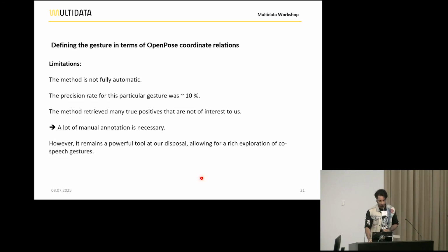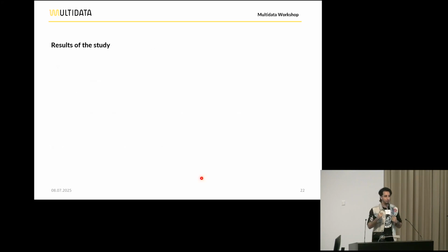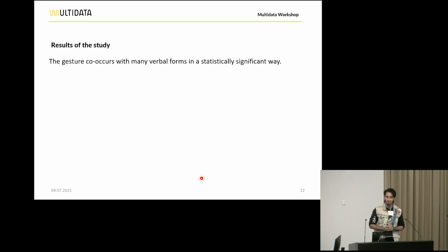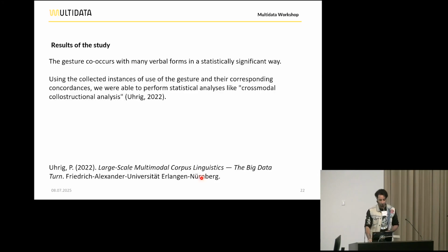And that's what I would like to show you here. Because remember, earlier I said that I thought that this was the "this close to" gesture. Is it really the case? Well, apparently not really. The gesture co-occurs with many verbal forms in a statistically significant way. Using the collected instances that we got using this method and their corresponding concordances, we were able to perform some statistical analyses like cross-modal collostructional analysis.